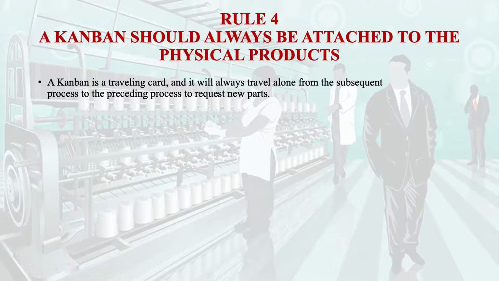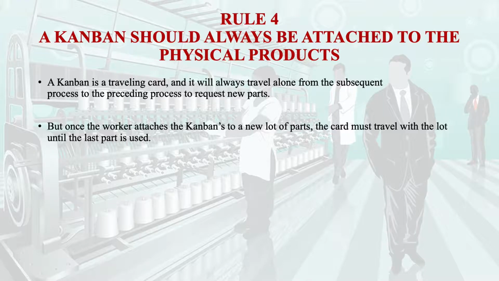Now we will come to rule 4. A Kanban should always be attached to the physical product. A Kanban is a traveling card. It will always travel from the subsequent process to the preceding process to request new parts.